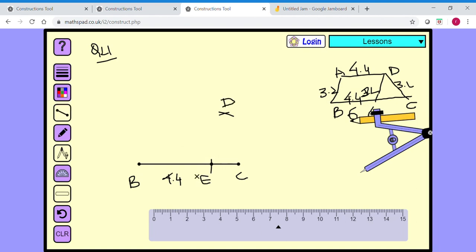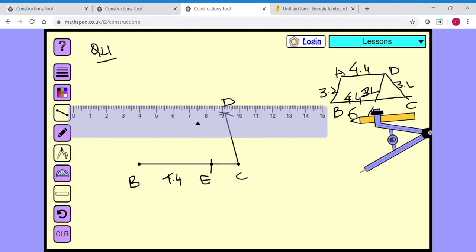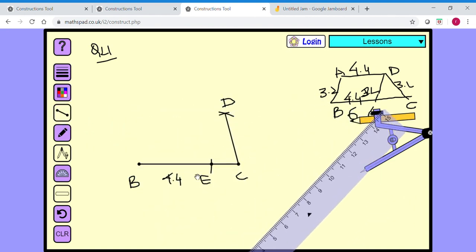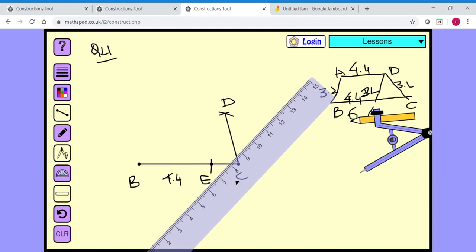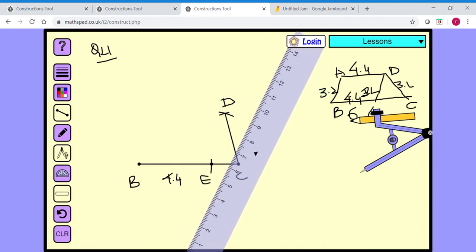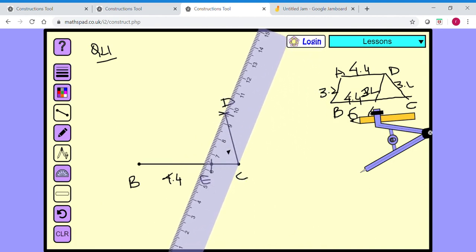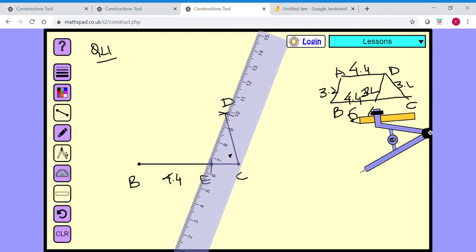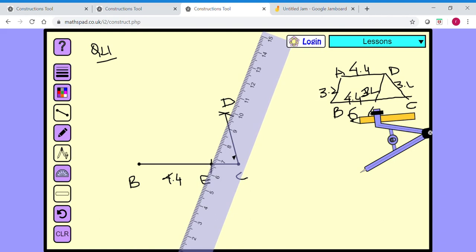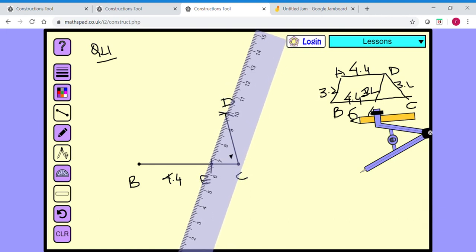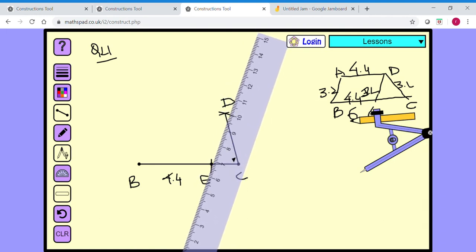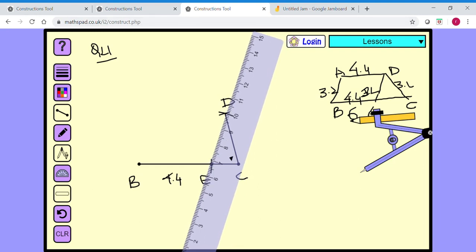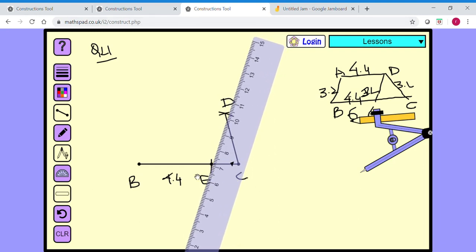I join D with C and I join E with D using dotted lines because this line is not required. This line is not the outside boundary line. This is a reference line that we've created for our convenience. This is really a pain for me to draw, to use the scale like this.